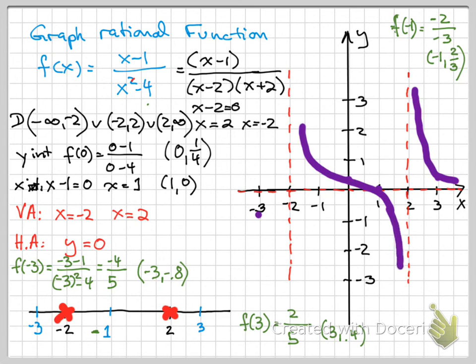It goes close to the asymptote, but it will never cross. And over here again, it can only really go this way because of the horizontal and vertical asymptote, and it goes like so. So here you go. There is your rational function.